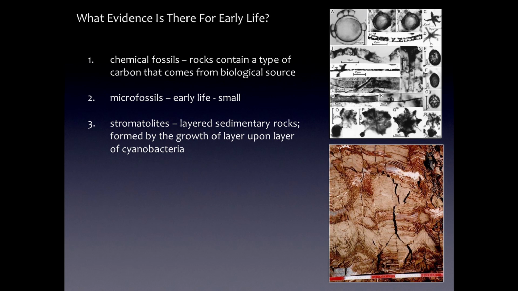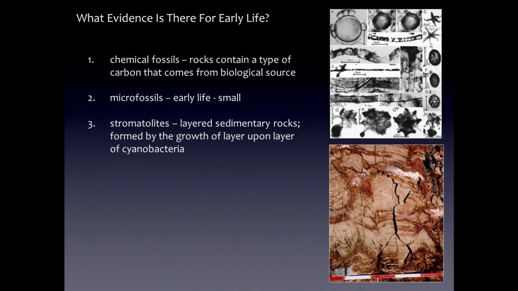Finally, we see the presence of stromatolites. And stromatolites are a really unique fossil. They're not the fossil itself, they're not the organism itself, but a layered sedimentary rock. These are formed by the growth of cyanobacteria. We know that cyanobacteria appeared fairly early in Earth history, and grew in shallow warm seas. As it grew, it was sticky on the outside, kind of had this mucousy cover. Bits of sediment present in the water would stick to the cyanobacteria.